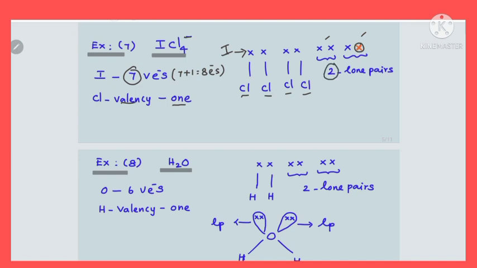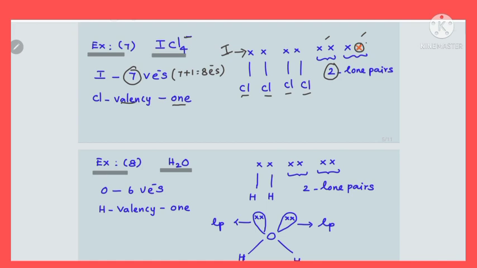Okay, this is a negatively charged species, so along with the valence electrons of the central atom, we have to add the number of electrons equal to its charge. Suppose we have a charge of 2 minus, you have to add 2 electrons to the valence electrons. Here 1 minus, so I have added 1 electron.